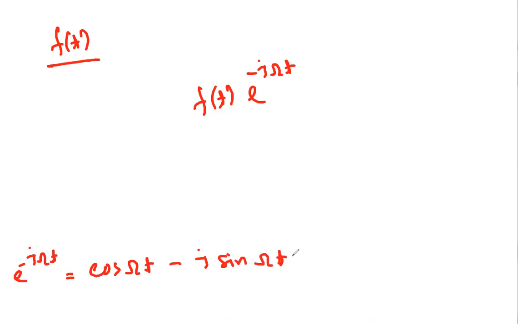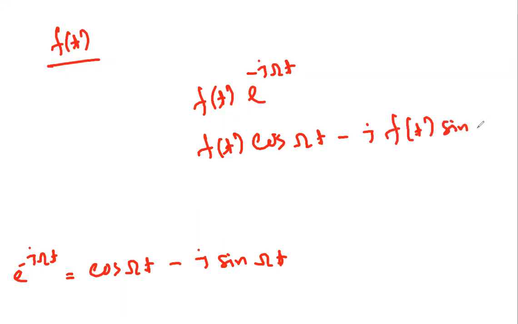If I elaborate this part, I can write it this way: f(t) multiplied with cos omega t, minus j, which I can take common, f(t) sin omega t.